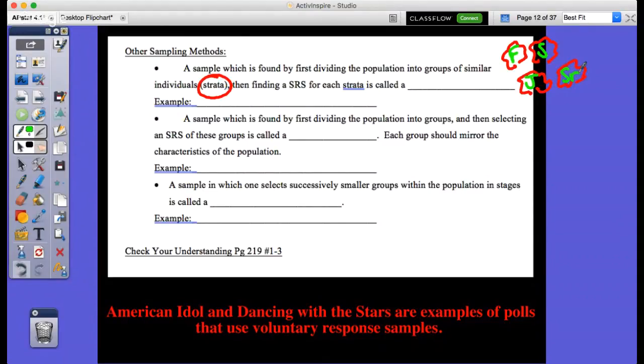We got their opinions. We want to be representative of the entire population. So we're going to have what we call an SRS within each of these strata, because we want to make sure that each stratum is represented. Maybe we randomly take 10 freshmen, sophomores, juniors, and seniors, or maybe 20, right?